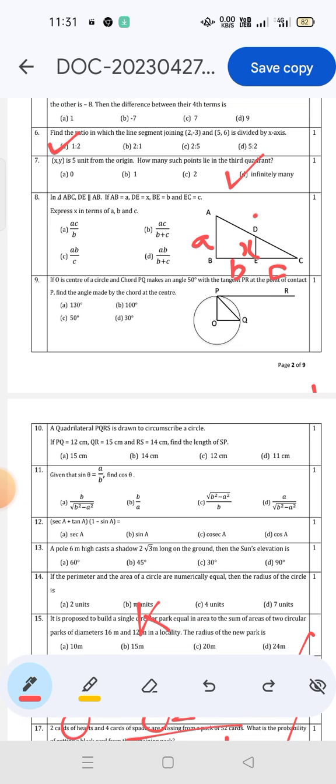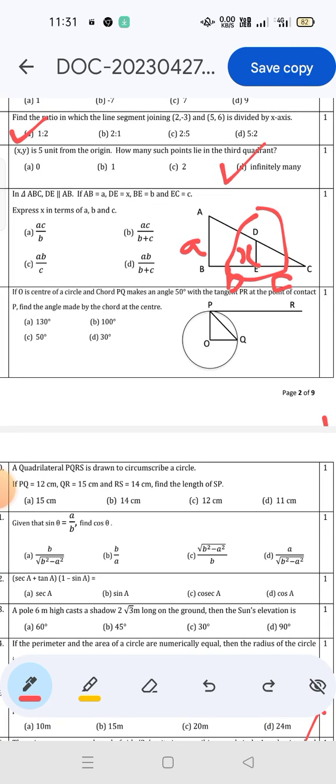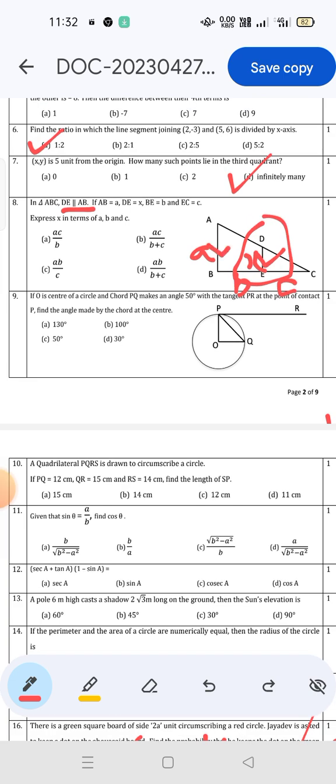We need to express this X, which is nothing but DE, in terms of A, B and C. They've also given the information that DE is parallel to AB. I marked it, DE is parallel to AB.